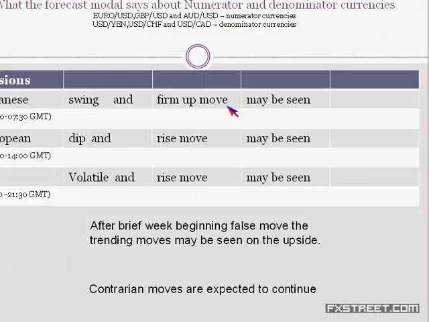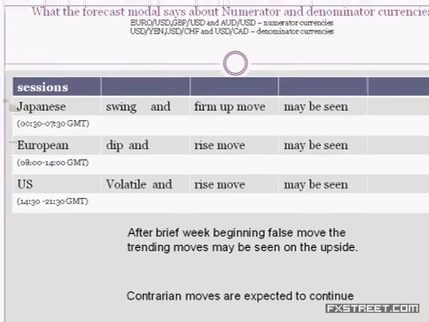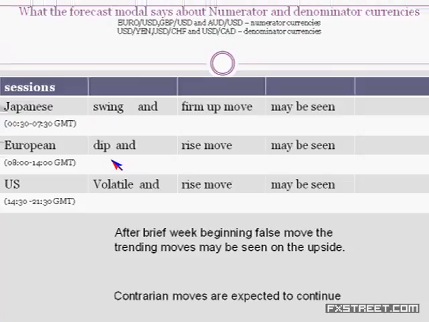Then what are the expected market moves for today derived from the algorithm? During the Japanese session, swing and firm up moves are expected. And at the European session start, there could be a dip, and that could be the week beginning false move.